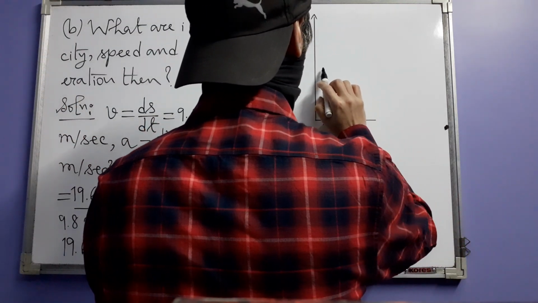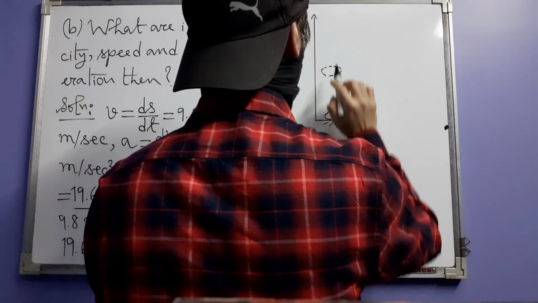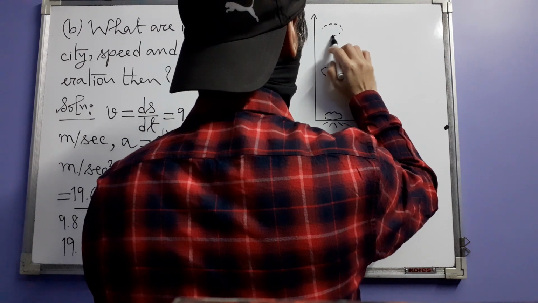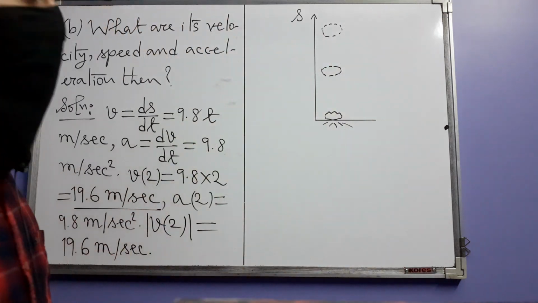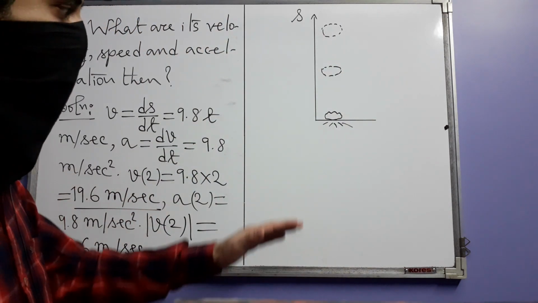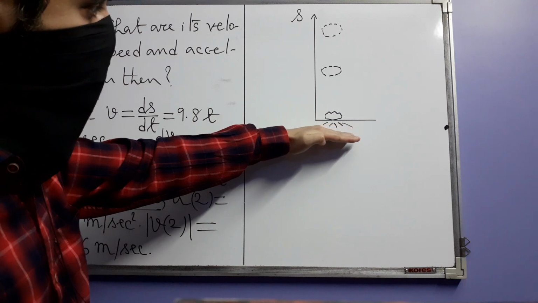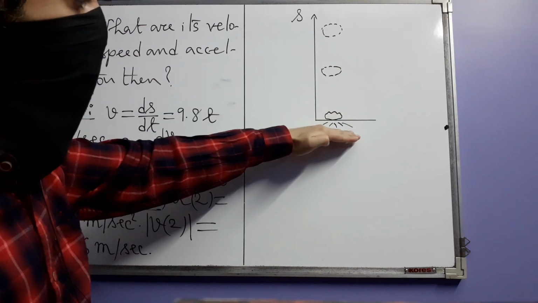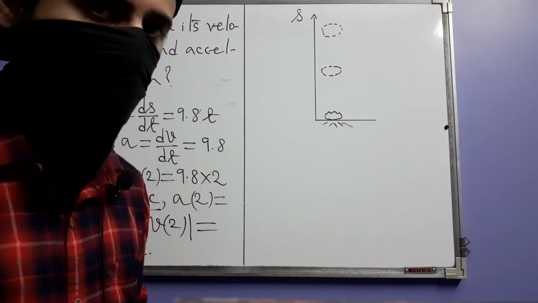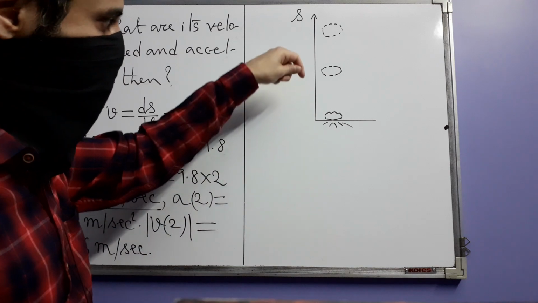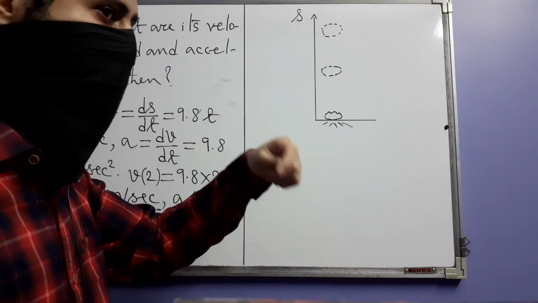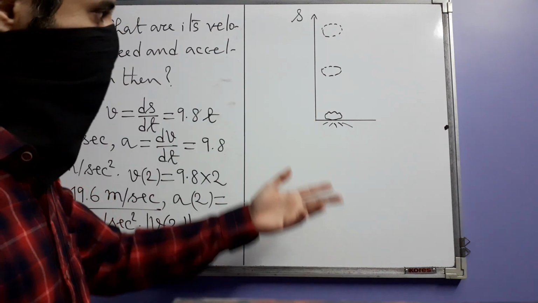So the rock went up and reached some maximum height due to gravity, because initially it went up with the momentum gained from the blast, but gravity is pulling it downwards at every instant of time.